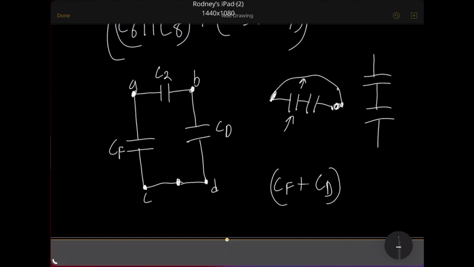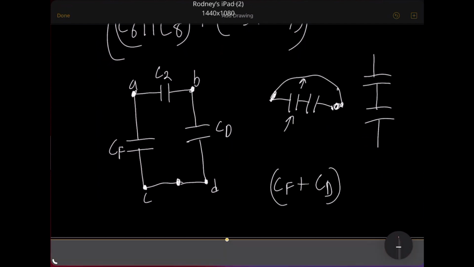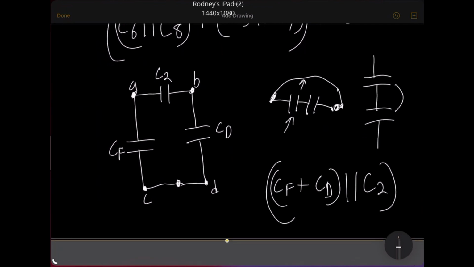Because it's like folding a piece of paper with these two in parallel. They'll become one single line. And this will be the result. I'm just saying that they're in series now. And they're going to combine like resistors in parallel. And that is the equivalent from A to B.